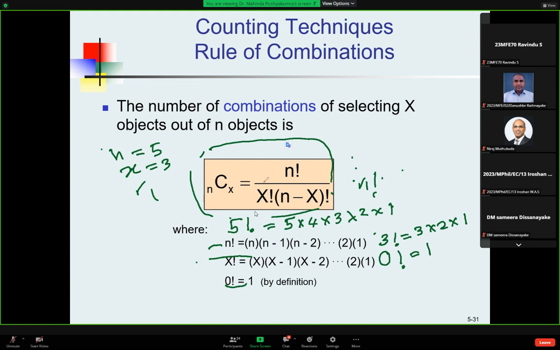Now you can insert the given information here. n is 5, x is 3: 5 factorial over 3 factorial into 5 minus 3 factorial.